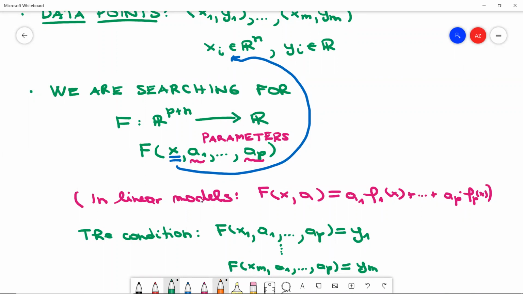So in the linear model situation, the system I've just written transformed into matricial form. Our vector of unknowns was a1 up to ap. Those coefficients phi1 of x up to phi p of x were the rows of the matrix A, and those y's were the right-hand side of the system, the vector b. So in linear models, we had Ax equals b.